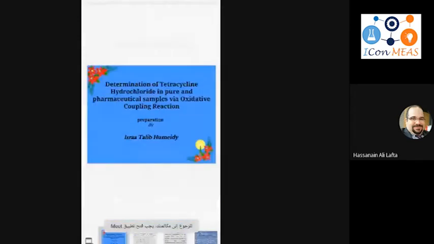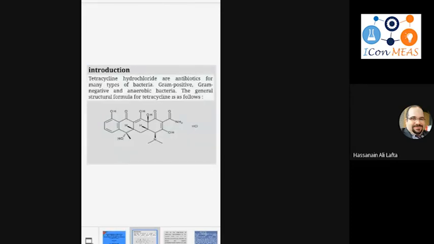Research title: determination of tetracycline hydrochloride in pure and pharmaceutical samples by oxidative coupling reaction, prepared by Isra Talib Hamidi, University of Tikrit, College of Engineering. Introduction. Tetracycline hydrochloride is an antibiotic for many types of bacteria, gram-positive, gram-negative, and anaerobic bacteria.